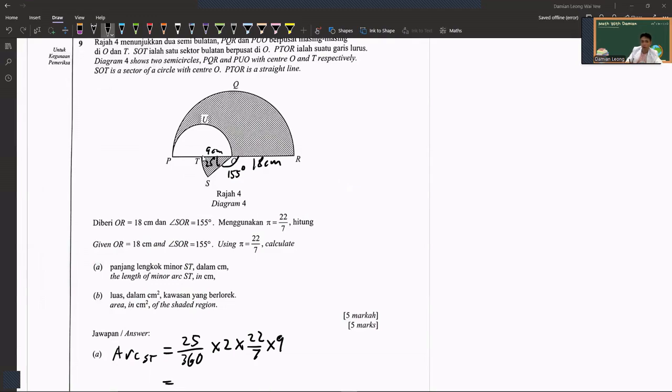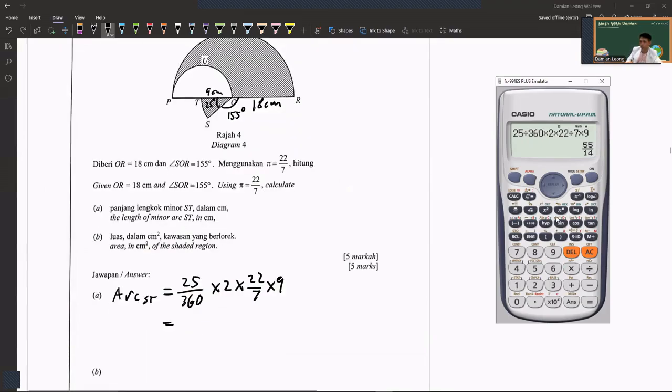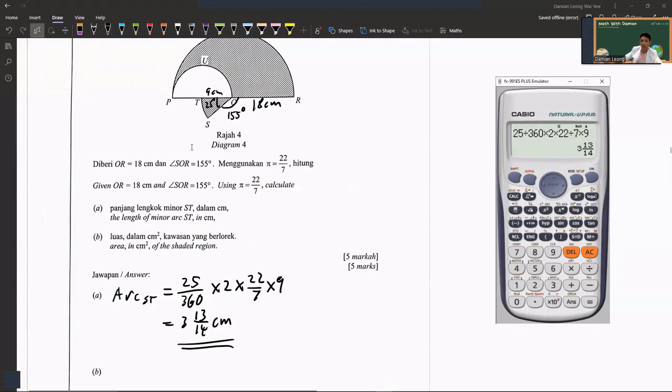So calculate. 25 over 360 times 2 times 22 over 7 times 9, which is 55 over 14. Or we can put a mixed number as well, 3 13 over 14 cm. Yeah. Okay, it doesn't really matter.